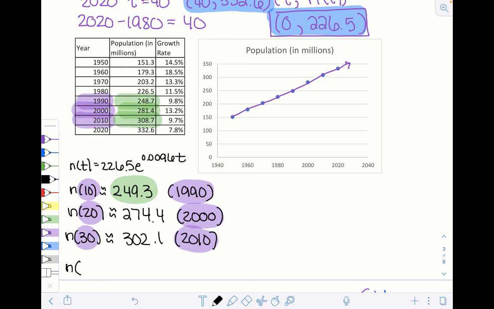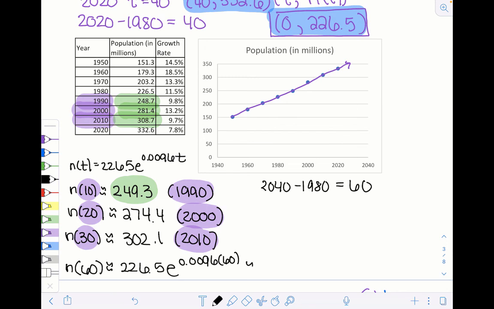For that, we would plug in t equal to 60, and I get approximately 402.9.